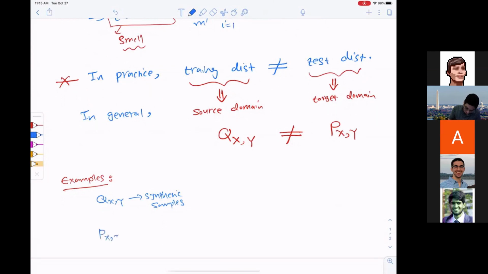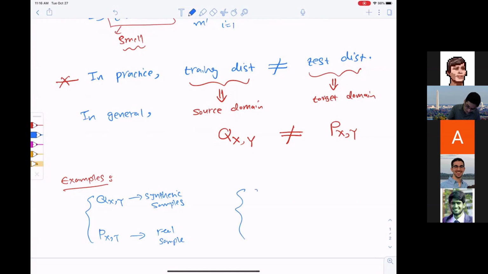But at the end of the day, you want to deploy it in real-world applications where you'll have real samples. And these real samples may have some natural variations. Maybe the lighting would be different. Maybe there would be some other natural variations in the images or your samples that you had not seen in your synthetic samples.